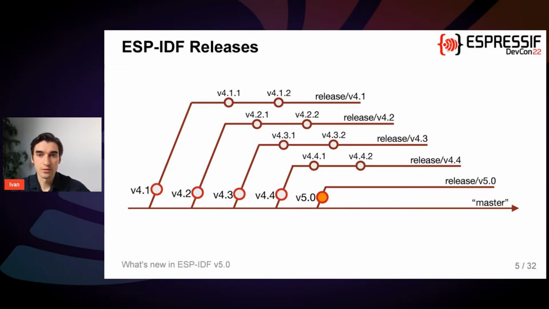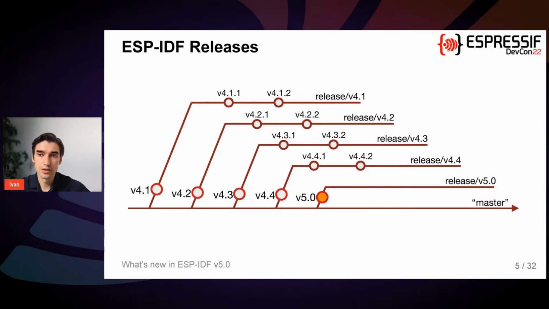Unlike master, development on release branches primarily occurs using so-called backports. And a backport is the term we use for taking the changes that were previously done on the master branch and then applying them to one of the older release branches. And this is done using Git rebase or Git cherry-pick.